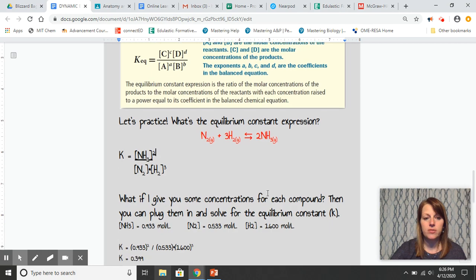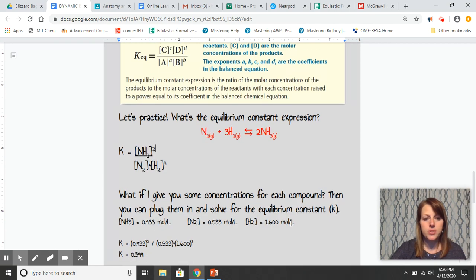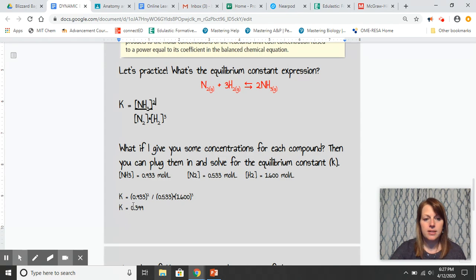If I give you some of these numbers down here, NH3 being 0.933, N2 is 0.533, and H2 is 1.6, I plug all those in, and it looks like this. 0.933 squared, remember their 2 is up there, 0.533 is N2, and 1.6 to the third, because H2 is to the third. And then I do all the math, and I get 0.399.